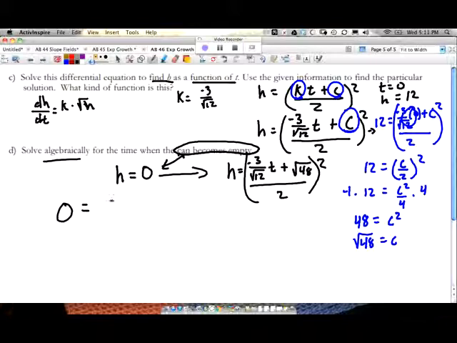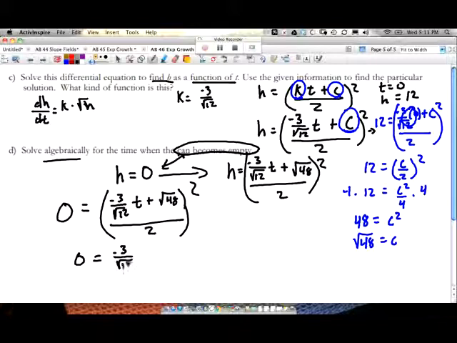That gives me 0 equals negative 3 over square root of 12 times t plus square root of 48, all that divided by 2 and then squared. Alright, let's square root both sides, and then I still get 0 equals negative 3 over square root of 12 times t plus square root of 48, all divided by 2.